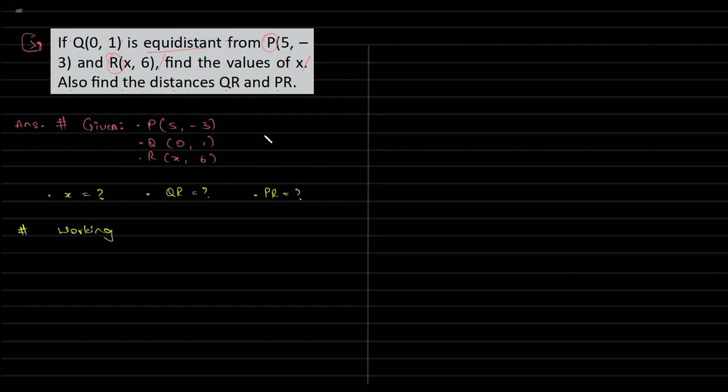Okay, I forgot one more important thing. It's given that PQ is equal to QR. This is my equation 1. So we have the distance formula, which is the square root of (x2 minus x1) whole square plus (y2 minus y1) whole square, to the power of half.